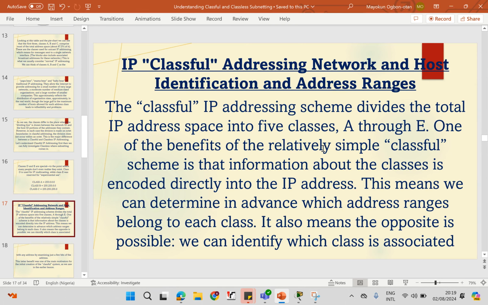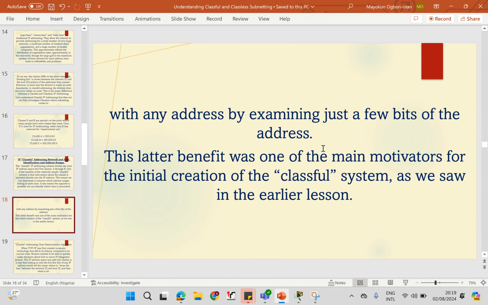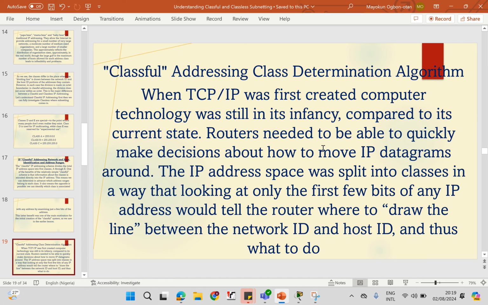This means we can determine in advance which address range belong to each class. It also means the opposite is possible. We can identify which class is associated with any address by examining just few bits of the address. This latter benefit was one of the main motivators for the initial creation of the classful system, as we saw in the earlier lesson. I'm going to explain that now.